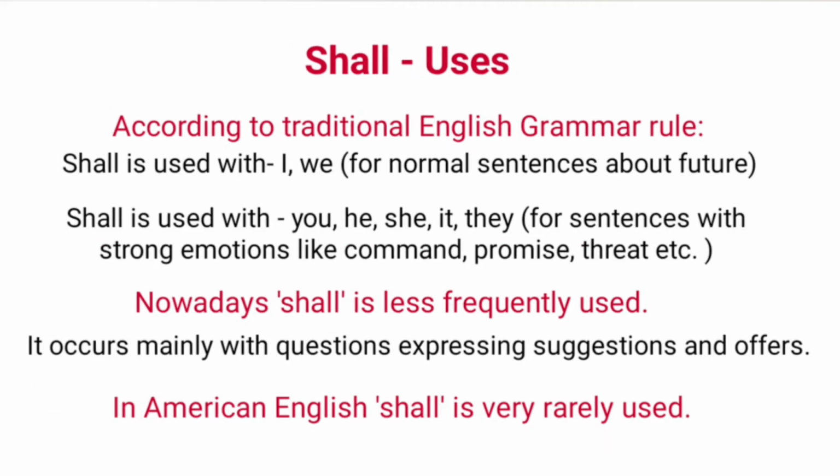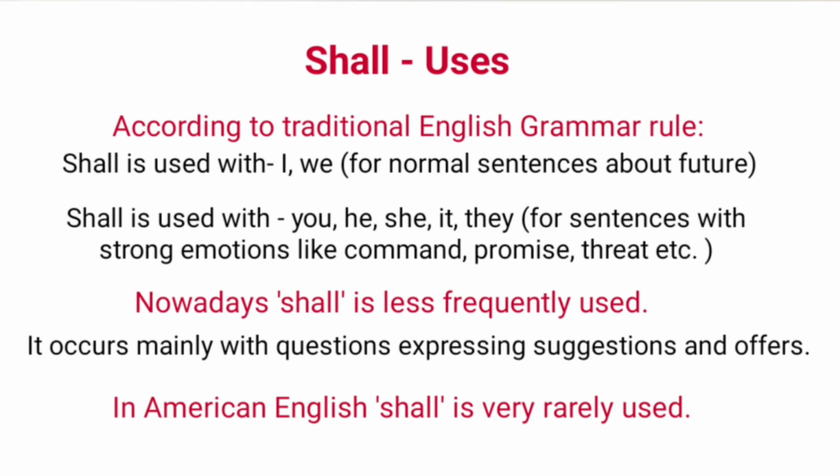Now see how and where shall is used. According to traditional English grammar rule, shall is used with first person, that is I and we, for normal sentences about future.